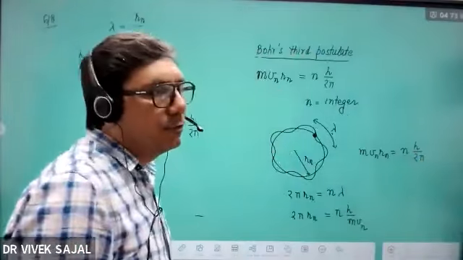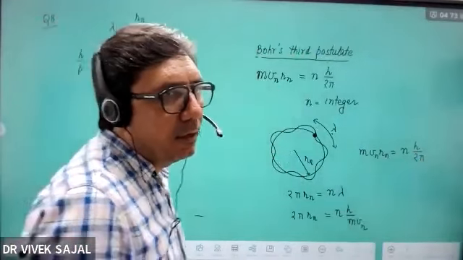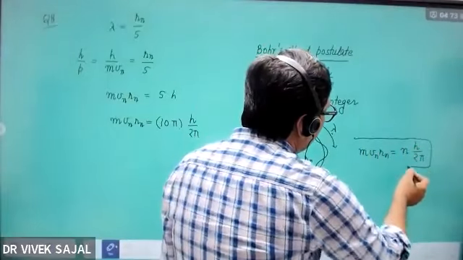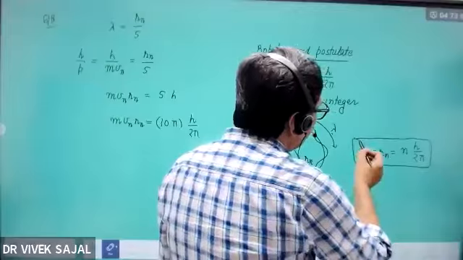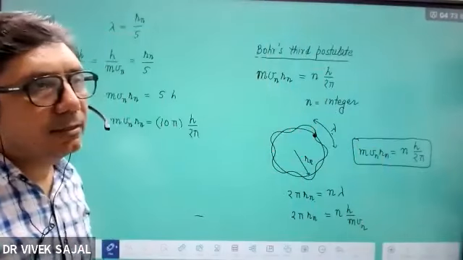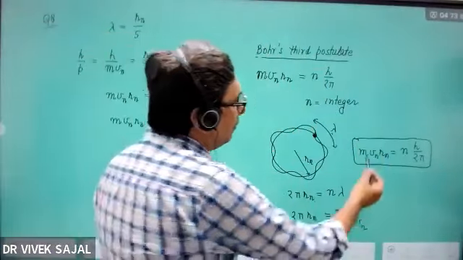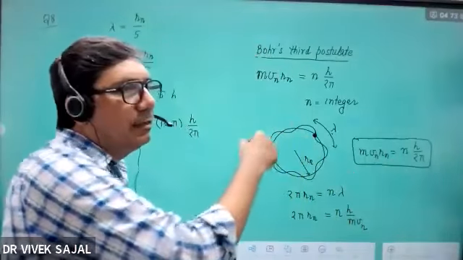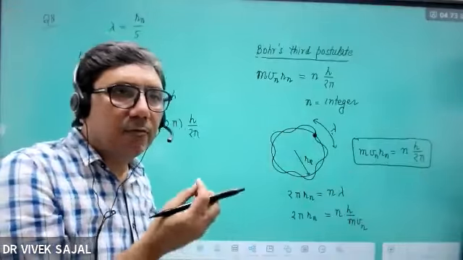So this is known as quantization of angular momentum. If this condition is satisfied only, then there will be a Bohr orbit which is possible.